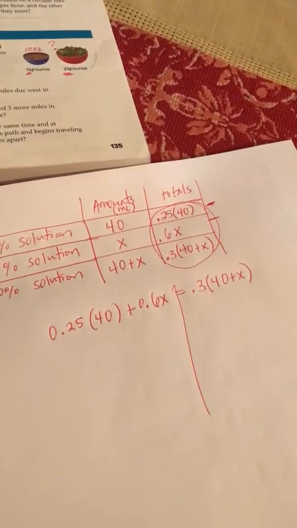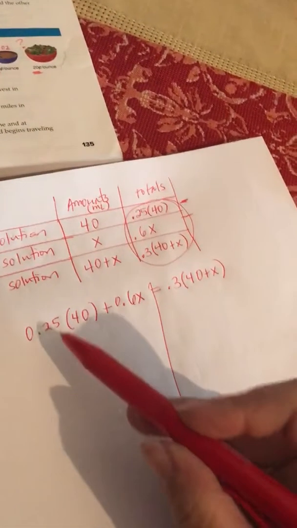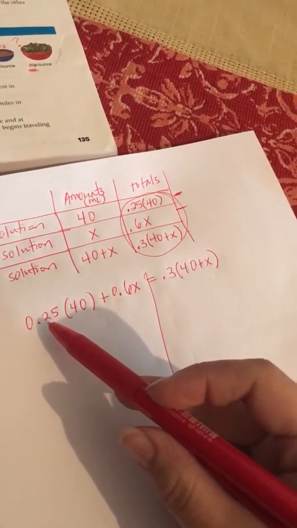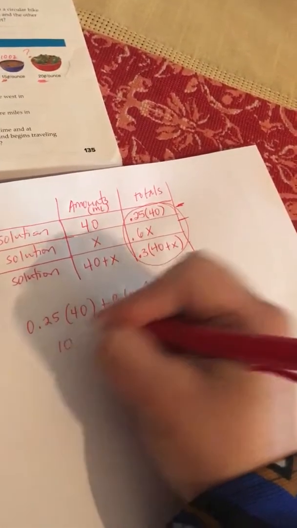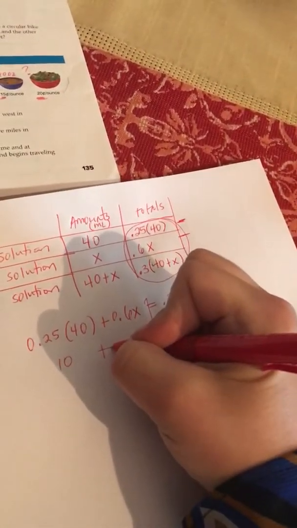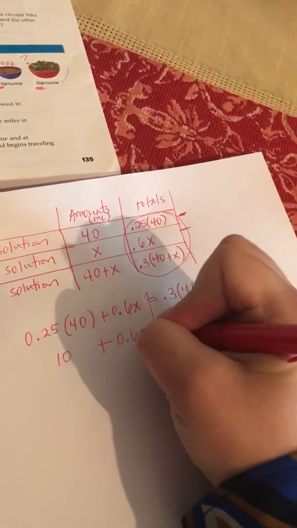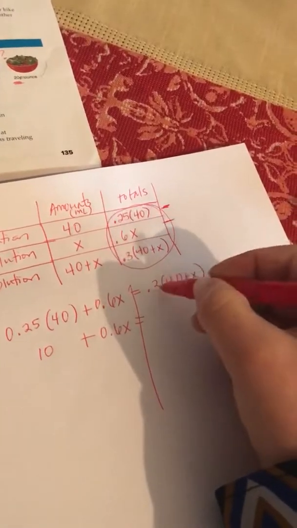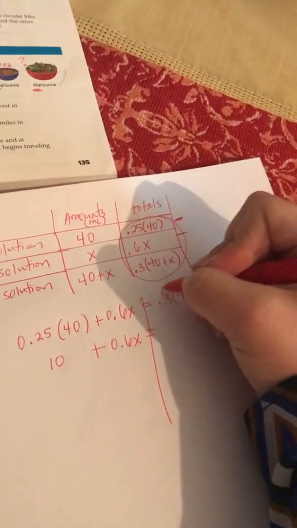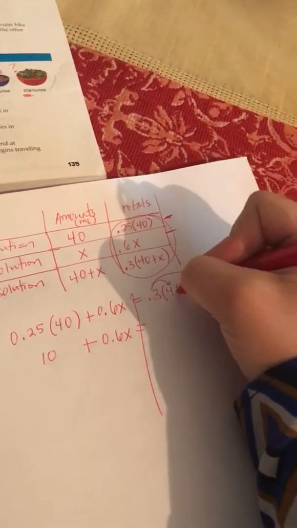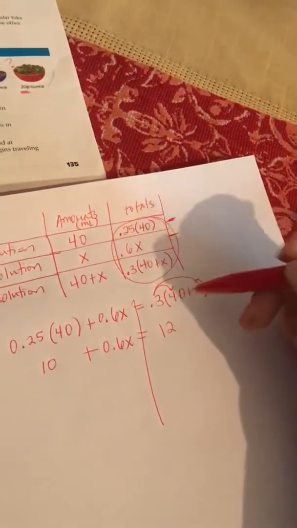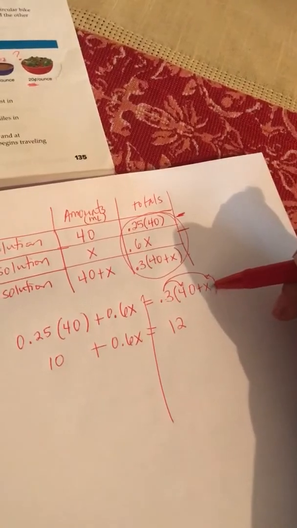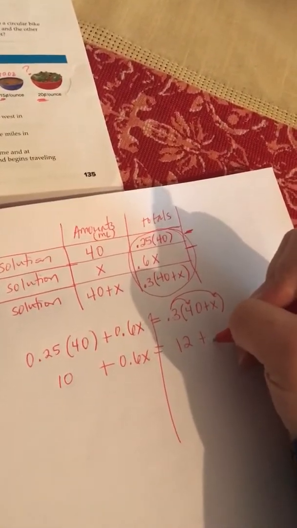I have my two sides of the equation, and if I put 0.25 in the calculator and multiply it by 40, I'm going to get 10. I can't do anything yet with the 0.6x, but I can distribute, so multiply 0.3 times 40 to get 12, and 0.3 times x to get 0.3x.